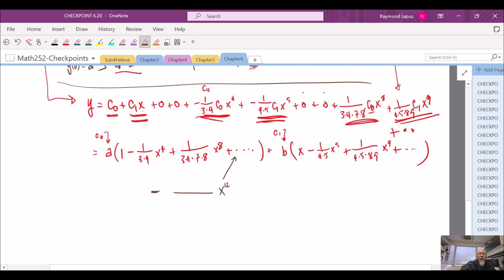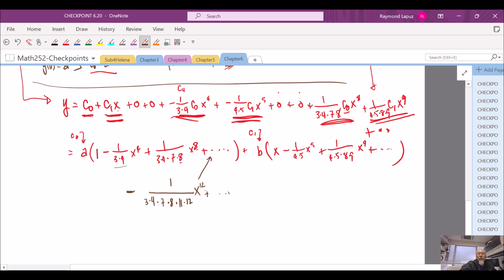And then this would be 1 over, we're going to have 3 times 4, we're going to skip 5 and 6, we're going to have 7 times 8, we're going to skip 9 and 10, we're going to have 11 times 12. And you see that that last number matches with a power of x. So you should be able to tell that that goes next.